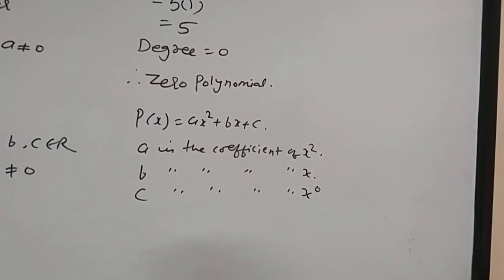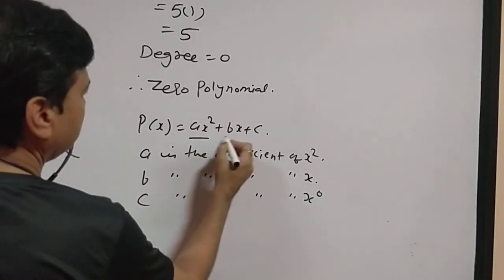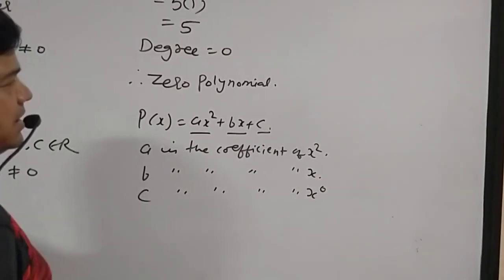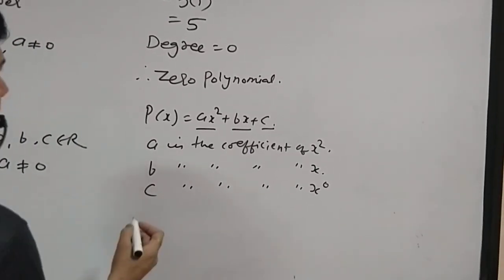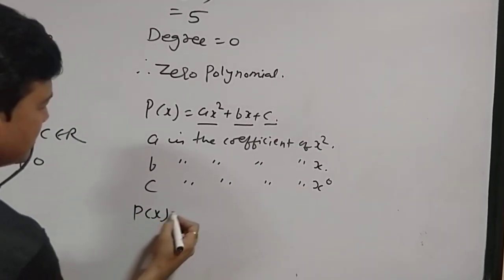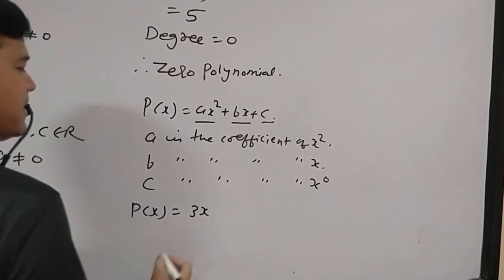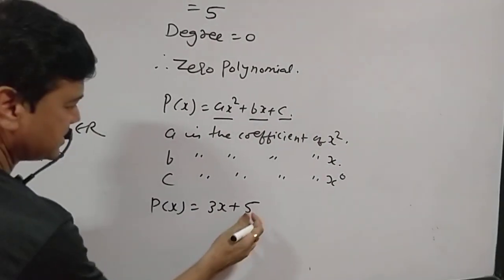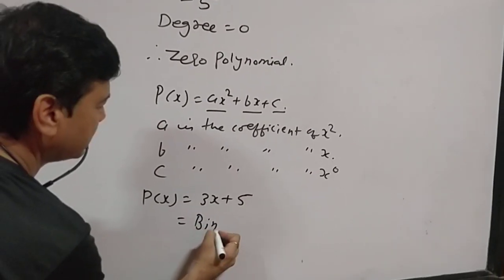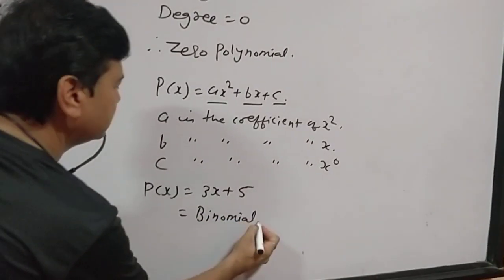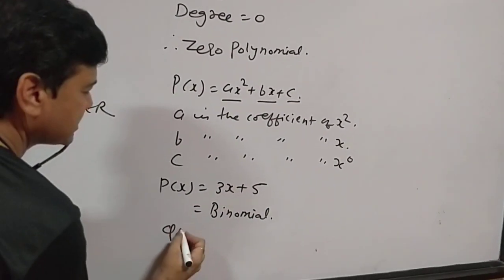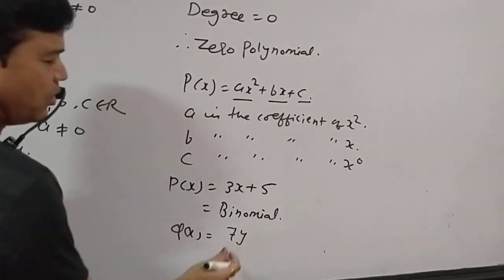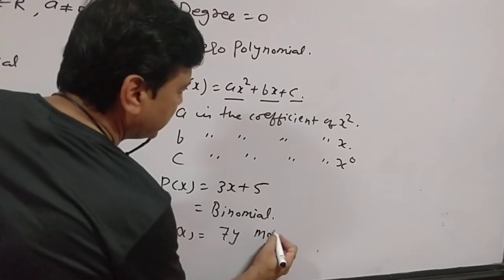Now types of polynomial. Here how many terms are there? 1, 2 and 3. So it is called a polynomial. We know that if there are 2 terms, like p(x) is equal to 3x plus 5, then it is called a binomial. q(x) is equal to 7y. Here only 1 term is there. That is called a monomial.